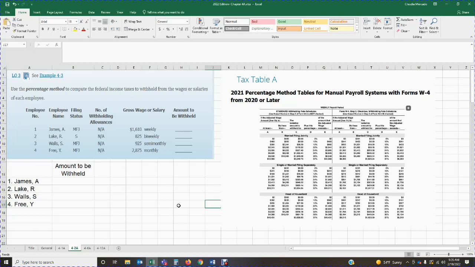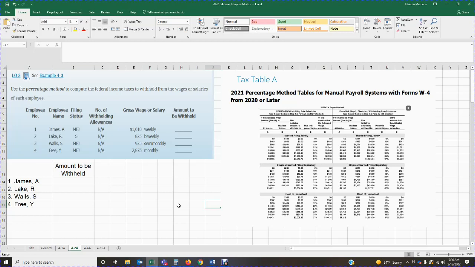The choice between which method we use is based on the number of employees and the payroll accounting system used. The employer has the option to change from one method to another at any time, and different methods may be used for different groups of employees. Both methods take into account the standard deduction, the amount of money used to reduce an individual's adjusted gross income in arriving at the taxable income amount.